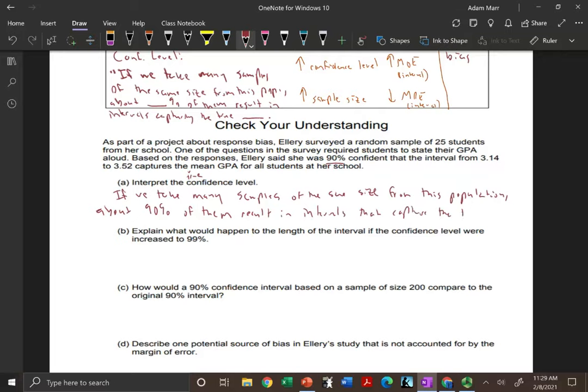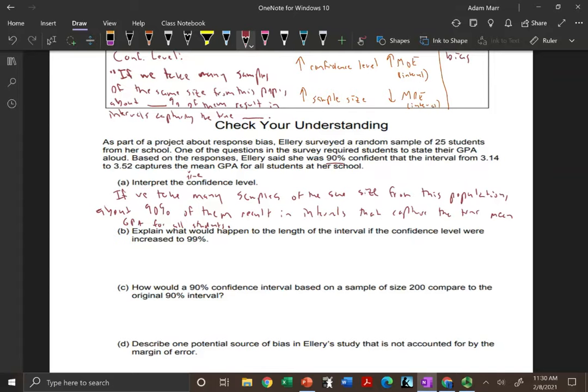the true mean GPA for all students at our school. Good enough right here.